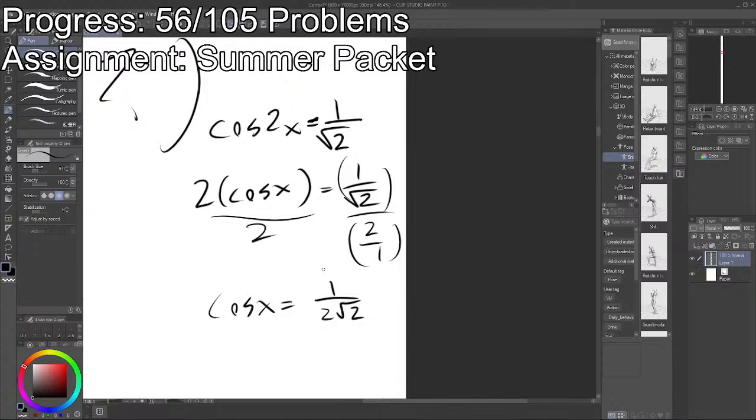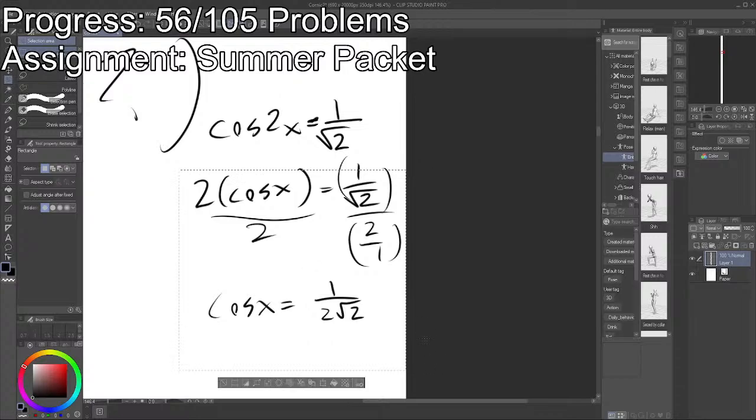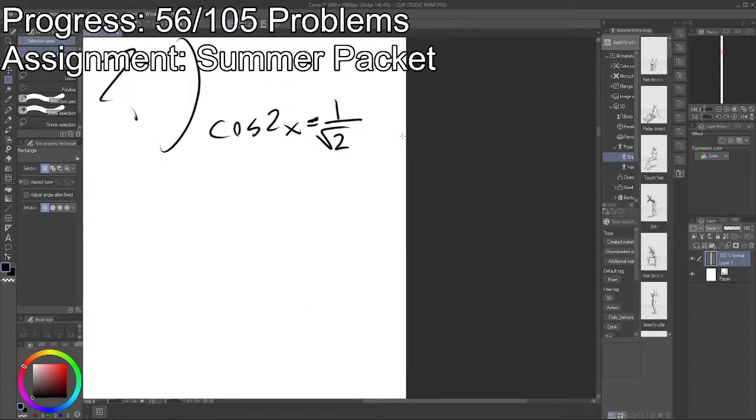Yeah, this does not seem right. No. It said something, I think this is a double angle identity or something. Is that what it's called? Yes.